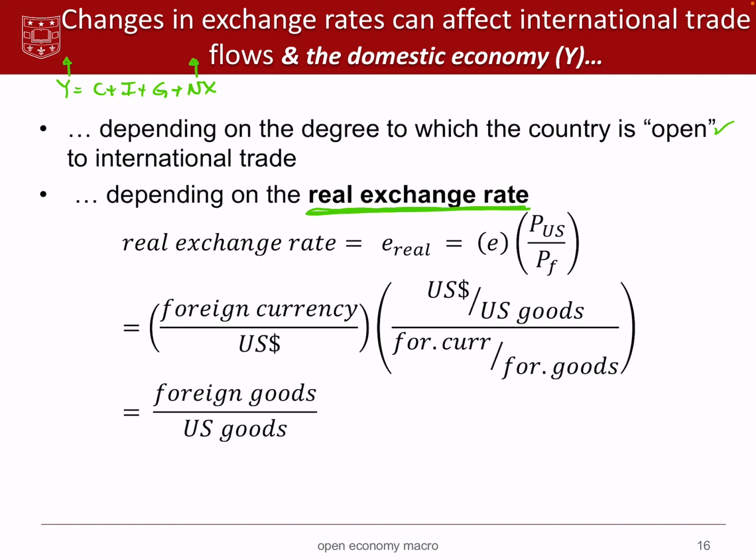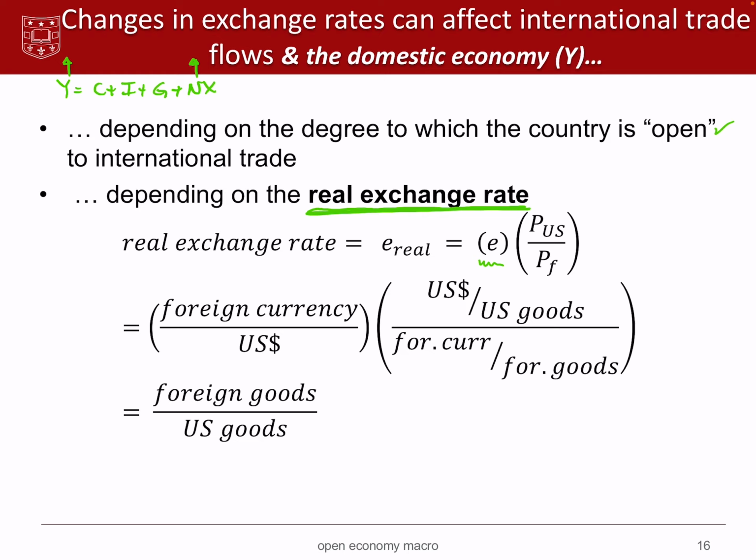And as we are going to see, the real exchange rate is the nominal exchange rate adjusted for differences in prices in the respective economies. So this is what we're going to start with in the next vignette of notes.